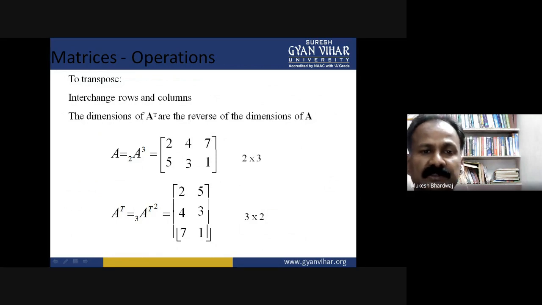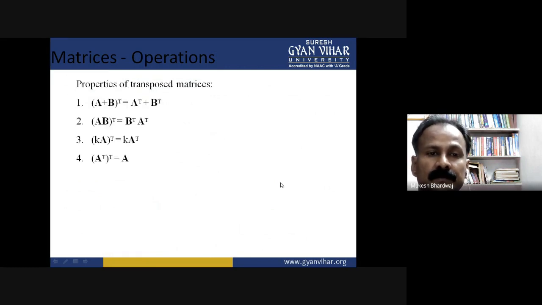The dimensions of A transpose are the reverse of the dimensions of A. Obviously, when you interchange rows and columns, the size will be the reverse of the original matrix, as you see in the example. Now, properties of the transposed matrix.